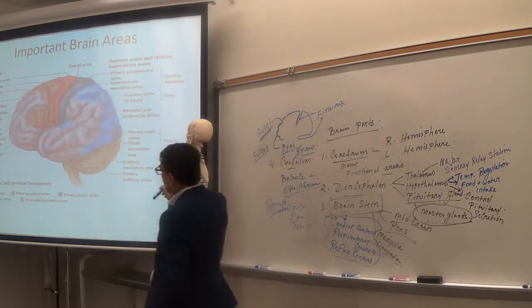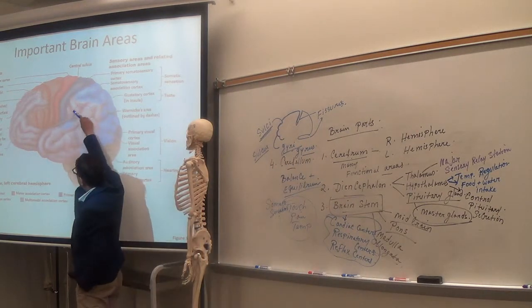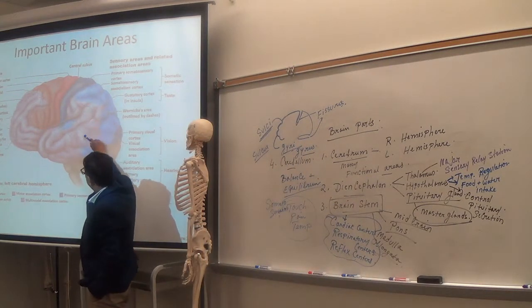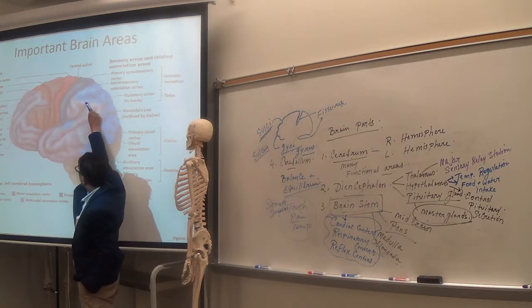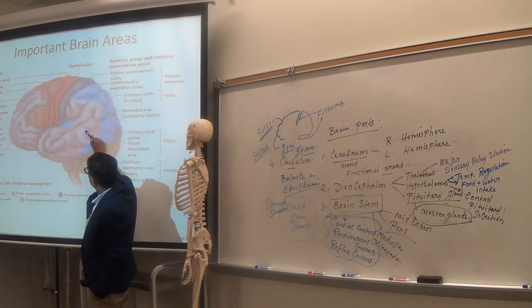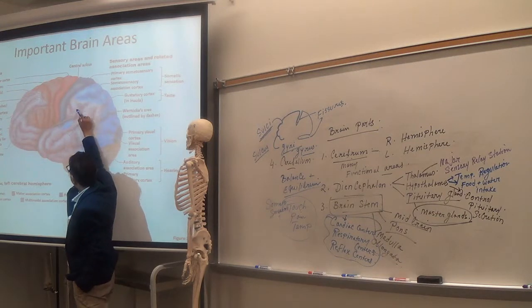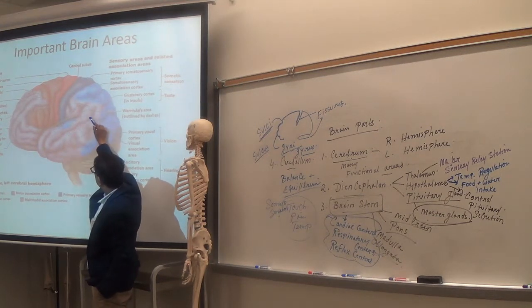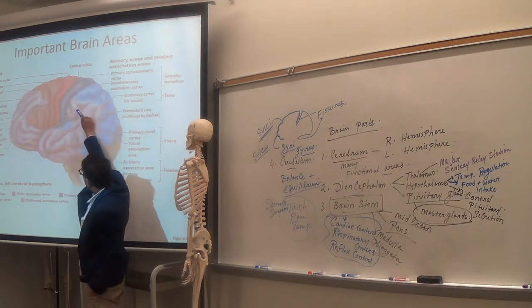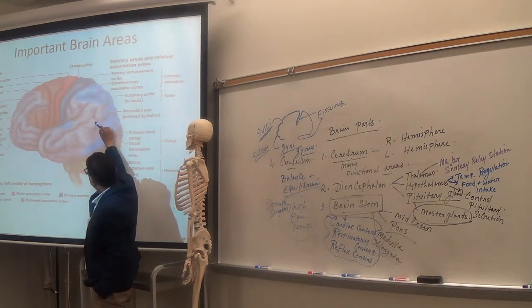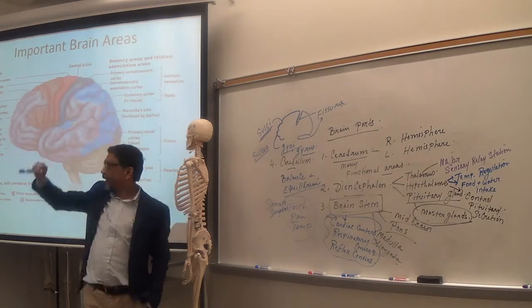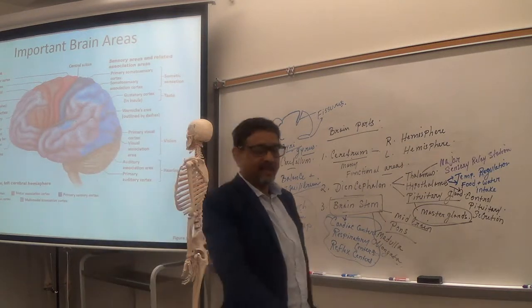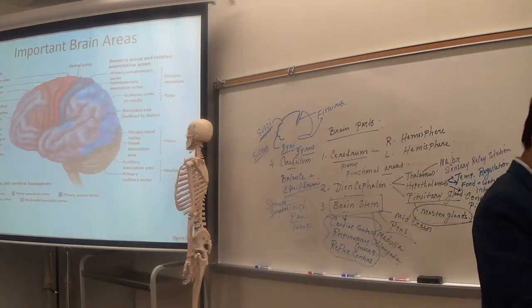Now, if you see the area within this dotted line, part of it is in parietal, part of it is in temporal, part of it is in occipital, and this area is called Wernicke's area. Wernicke's area is interesting.